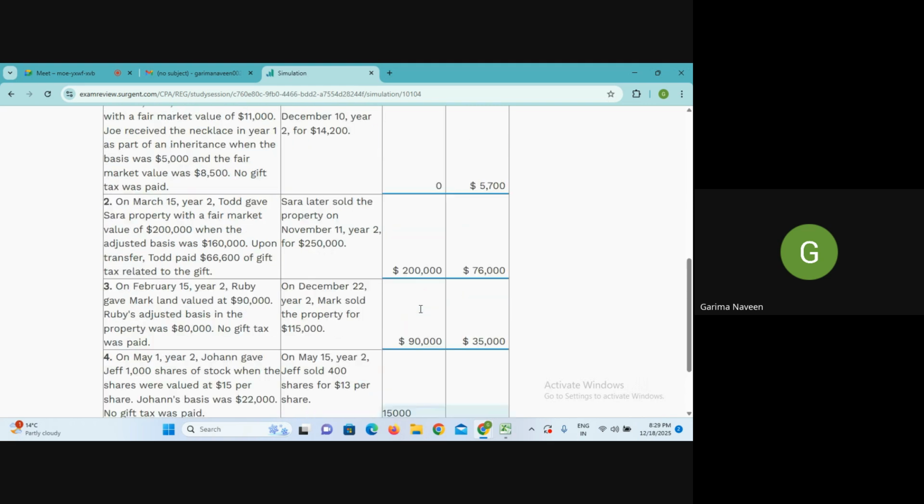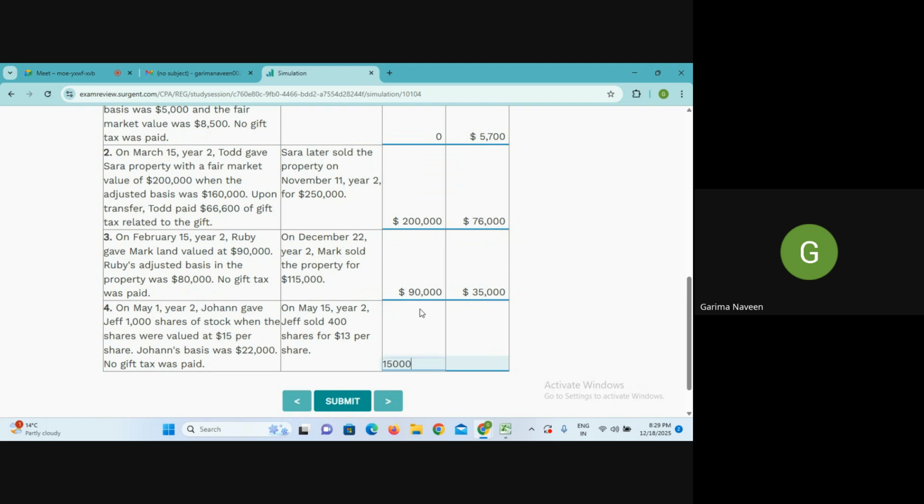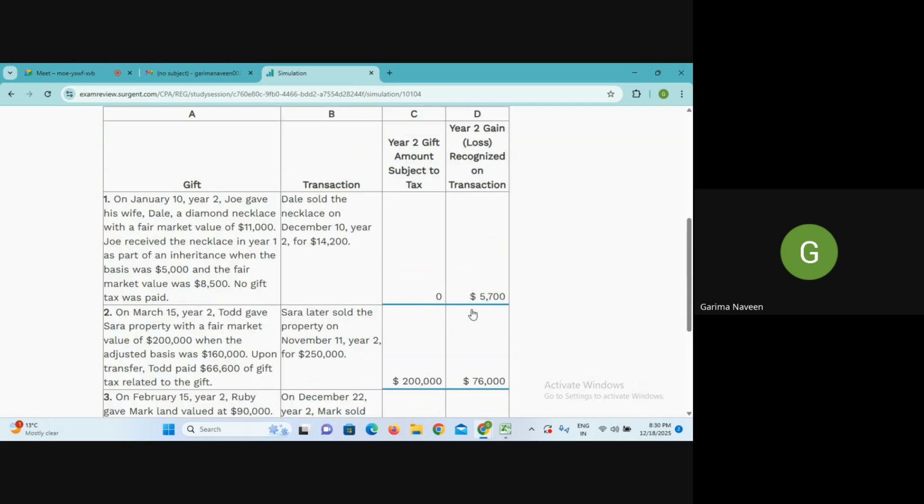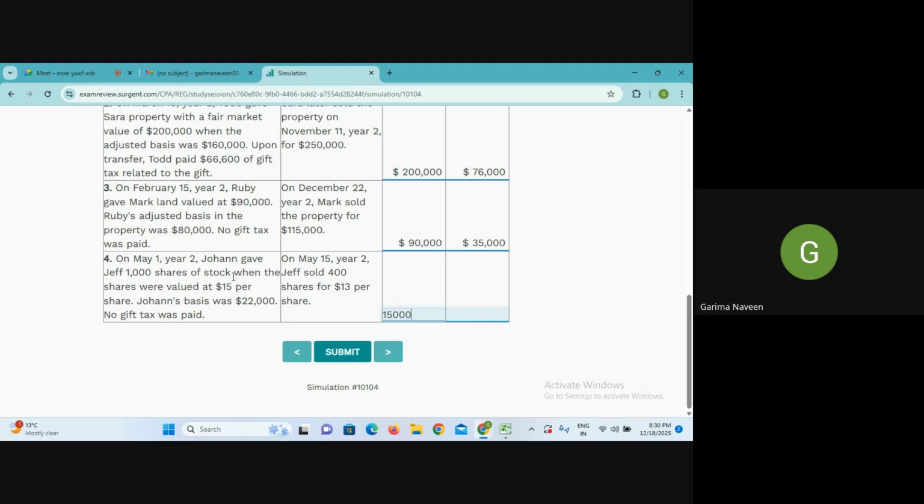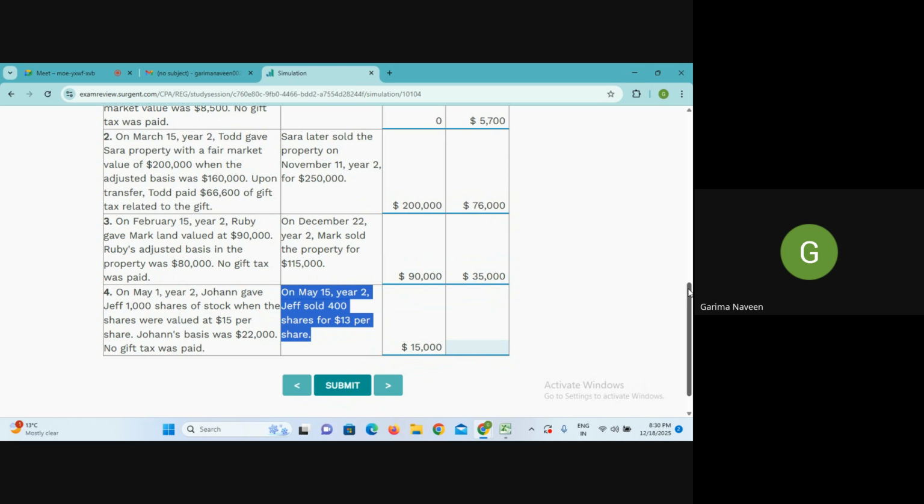Take one more look at the wash sale, then tell me the final answer. Do you think there will be a wash sale in this case? Because in case of a wash sale, no loss will be recognized.